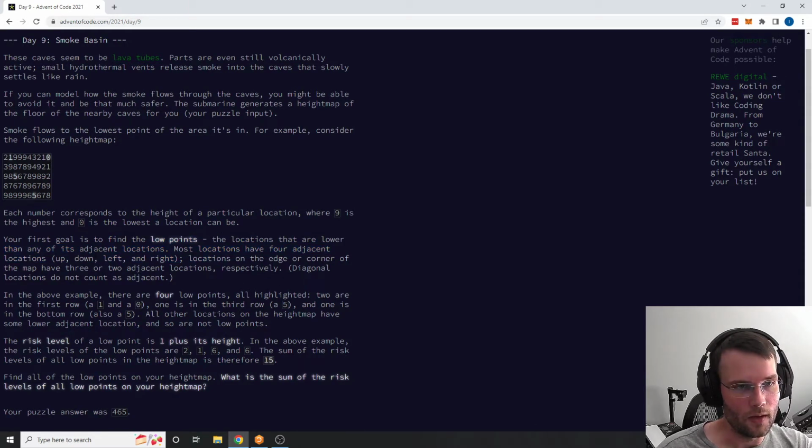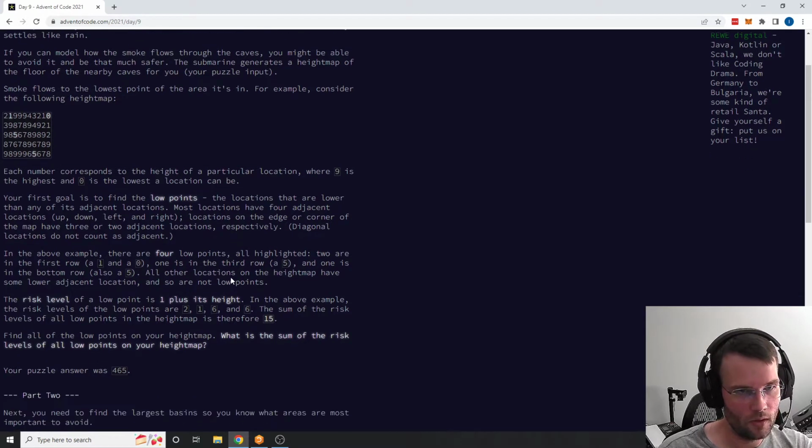So when you think of a point, you basically compare it to the other points in the matrix in the four cardinal directions: north, south, east, west. And if that point is lower than the ones that are adjacent to it, then that's a low point. And the idea is to find all the low points, and then we try and find the sum of the risk levels. And a risk level is 1 plus its height.